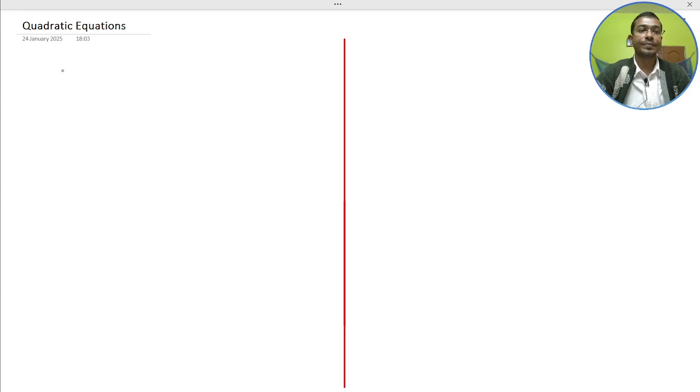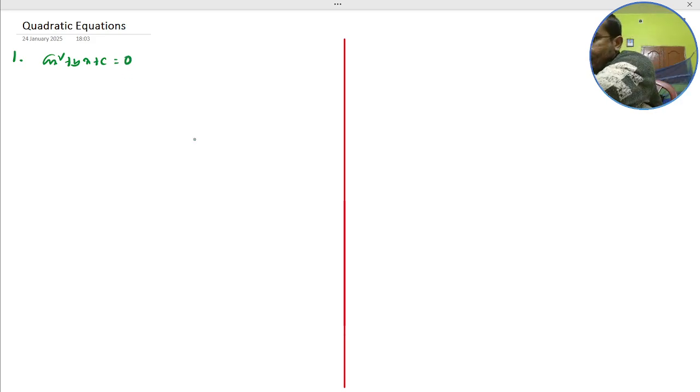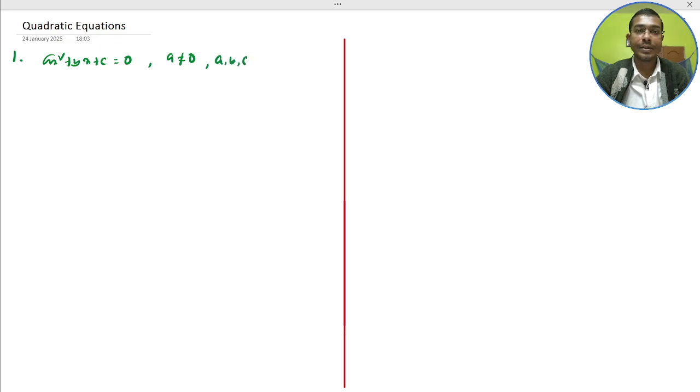So first of all, ax square plus bx plus c is equal to 0, where a is not equal to 0 and a, b, c belong to C, and here the discriminant D is defined as b square minus 4ac.